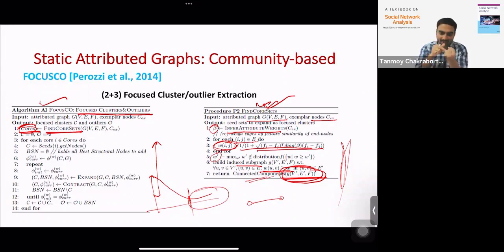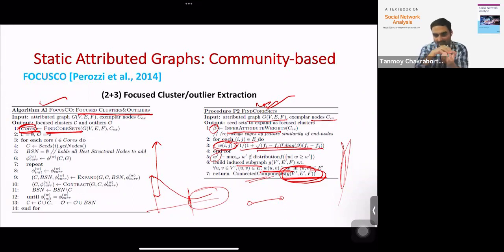You add this neighbor and see if after addition the conductance will reduce or not. Remember, conductance, the lower the value, the better the community structure. So you add the node and check the conductance value. If the conductance reduces, then you add this node. You keep on adding nodes, right? You keep on expanding the connected component, the core.